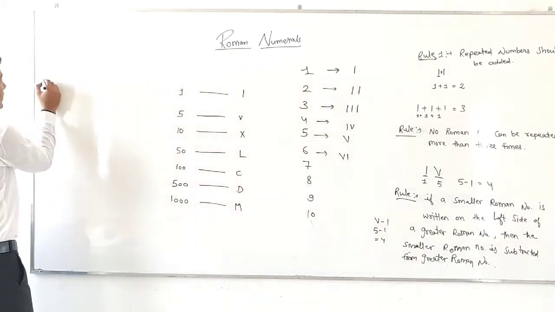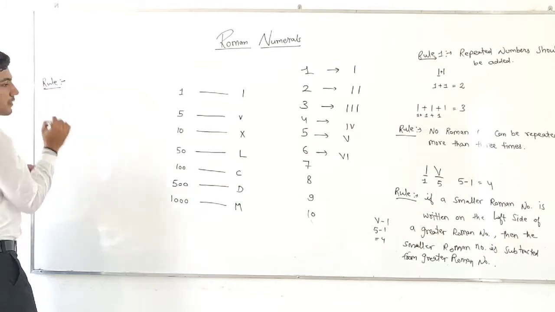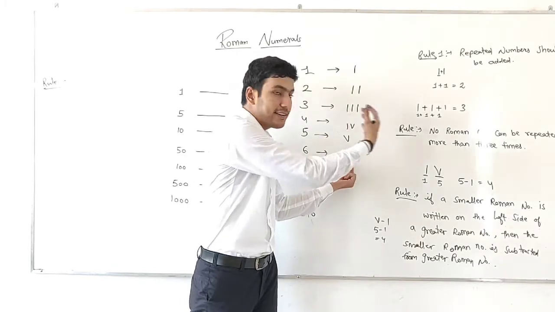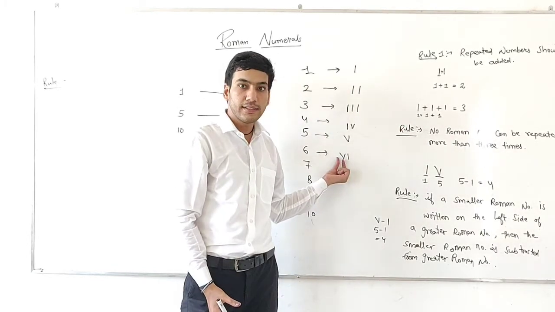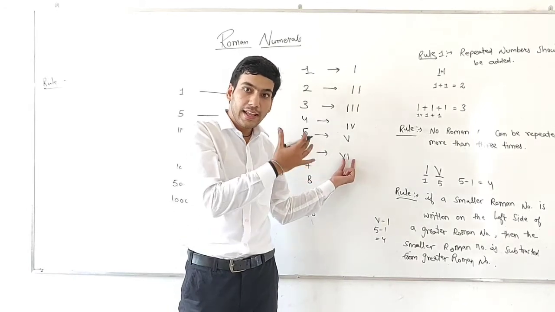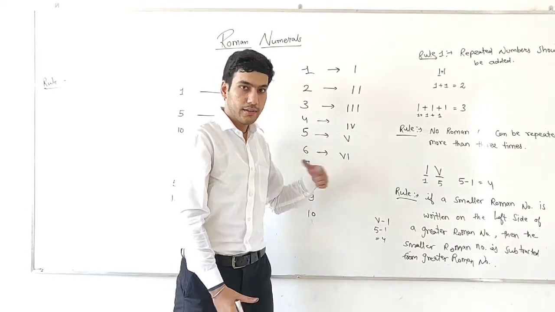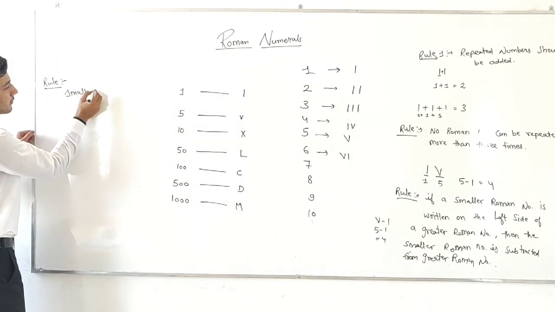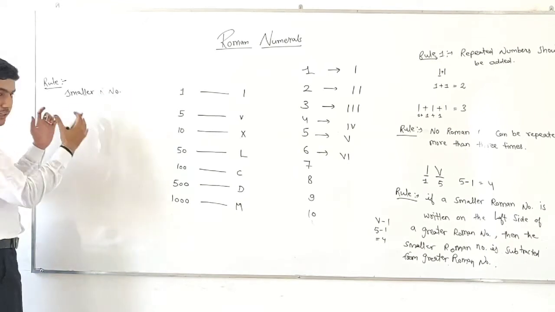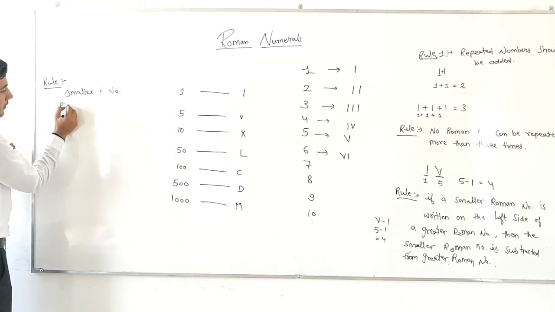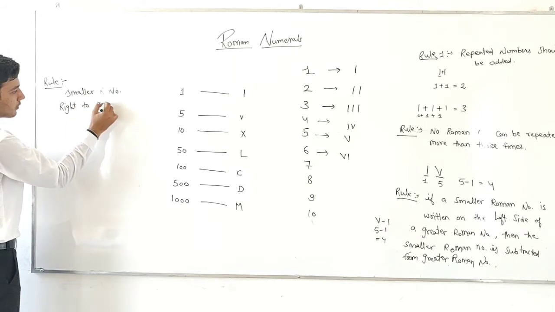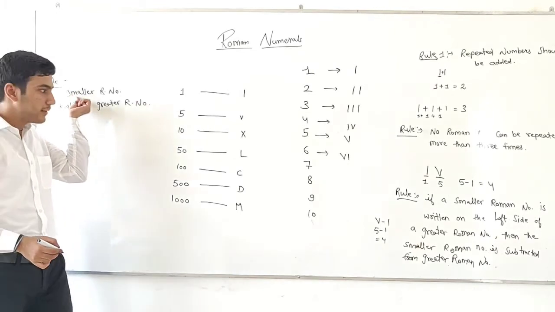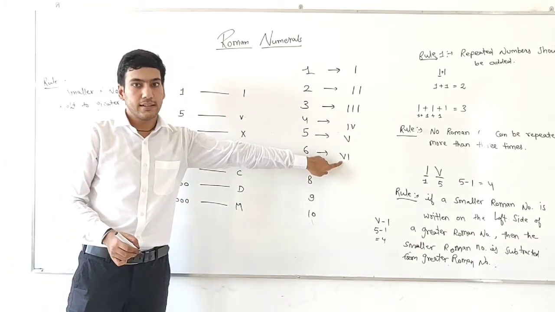How can I write this? Then the next rule is, if there is a smaller Roman number and you write that Roman number to the right of a greater Roman number, then that smaller Roman number is added to that greater Roman number.